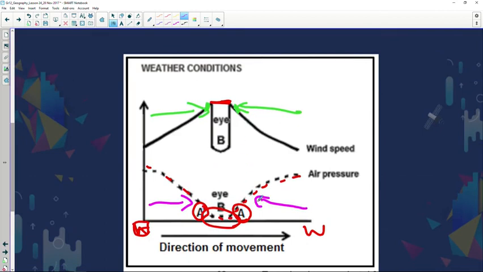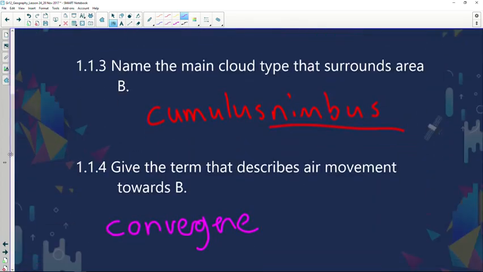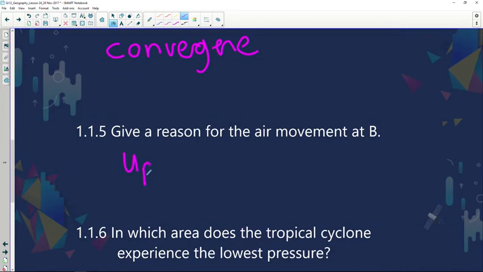That's the reason the air rises. Then there's divergence up in the atmosphere, and that's the reason we have clear blue skies. So the correct answer over there, upper air divergence.